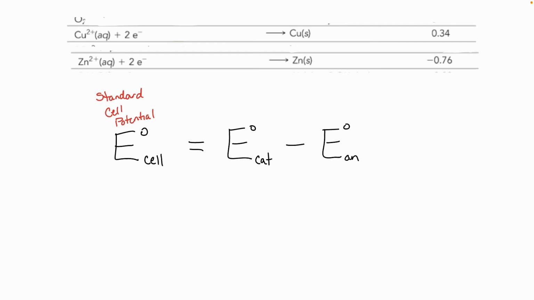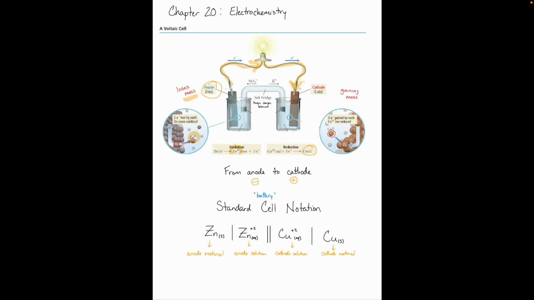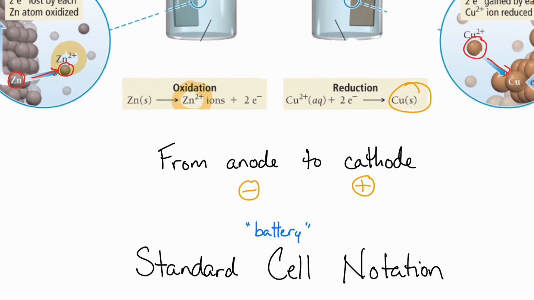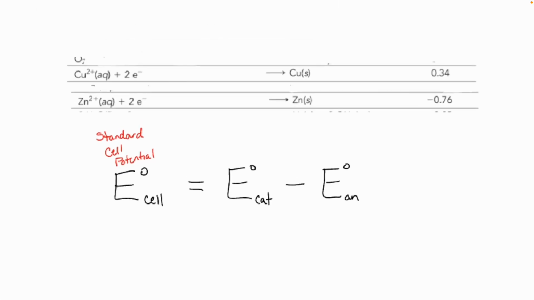All right, so real quick, going back to our battery image here, let's just make note. Our zinc was our oxidation reaction, right? So that meant that the reaction of the zinc occurs at the anode. And the copper was our reduction reaction, so that occurs at the cathode. So let's just make a note.